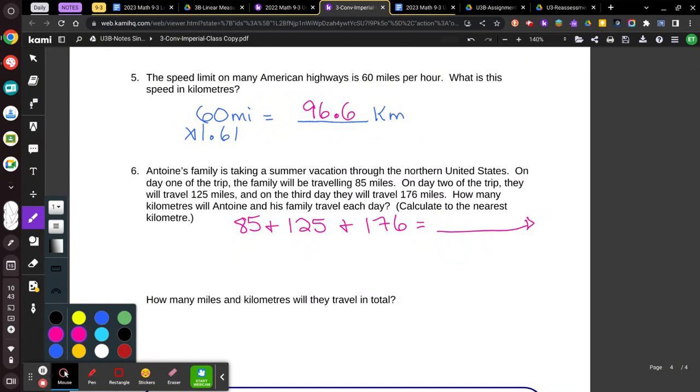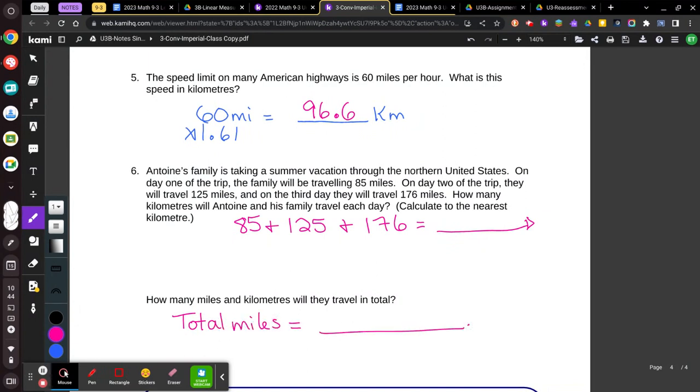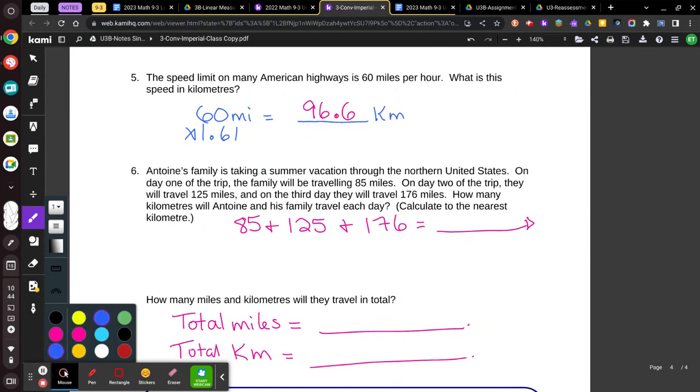So we're going to add them up. The total miles we get when we add them up is 386 miles.